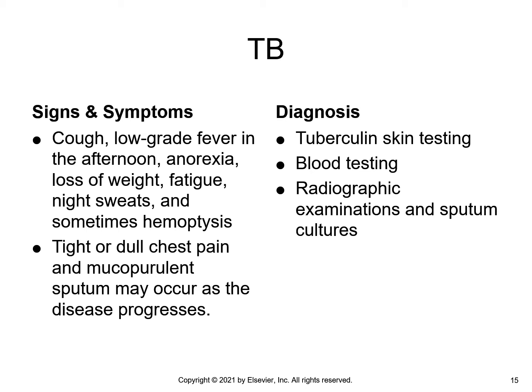These tests do not distinguish between active and latent tuberculosis. A diagnosis of active tuberculosis is established when the tubercle bacillus has been found in the sputum or gastric contents.